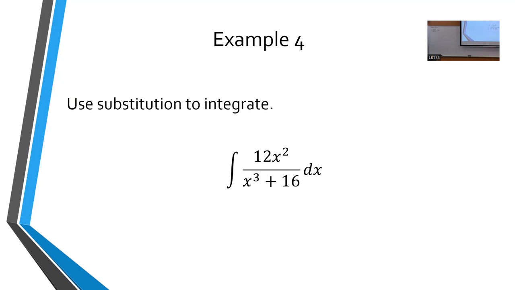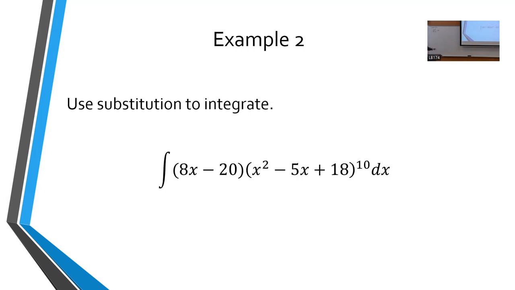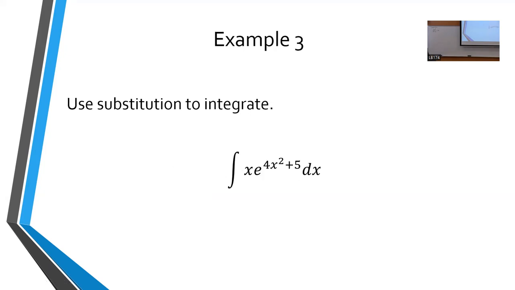You can think of that in a few different ways. One way is that the bottom of a fraction, if I had rewritten it, would be x to the third plus 16 raised to the -1 power. So I could have rewritten it in a way similar to this using an exponent of -1 instead of an exponent of 10.